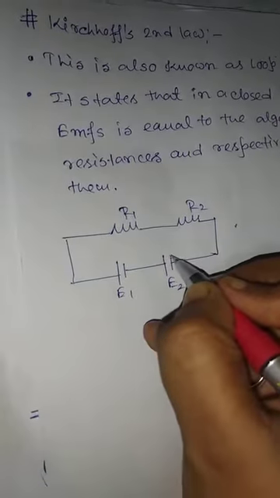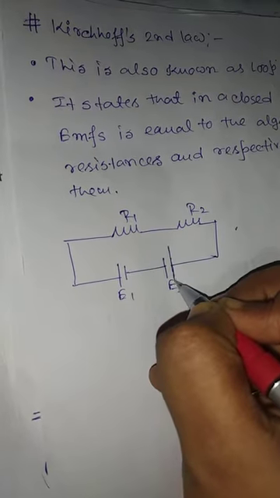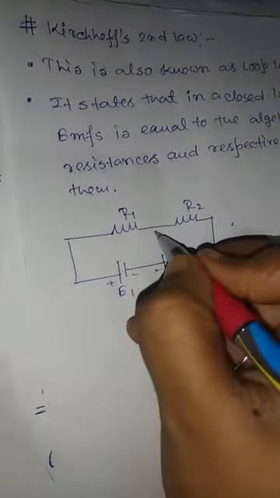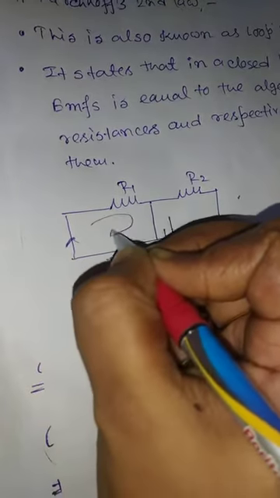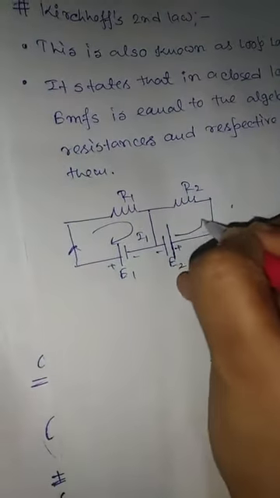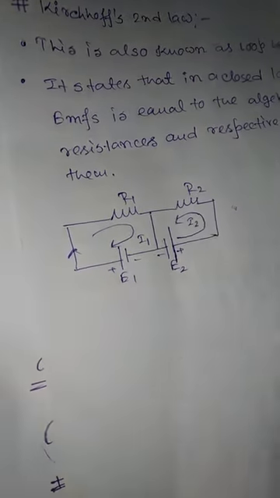This is positive, negative, positive, negative. And here is a connection. Through this loop, suppose the current is going like this, I1. And through this, the current is looping like I2.